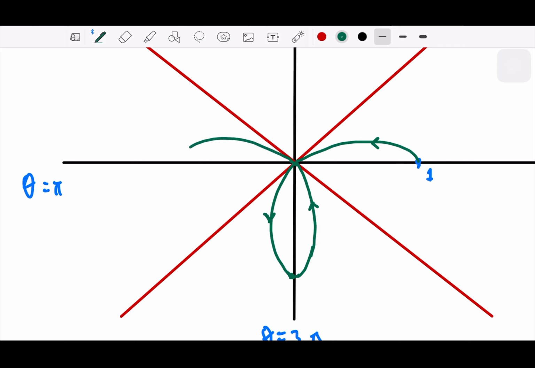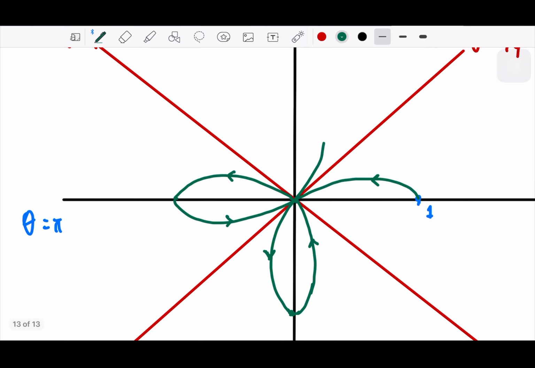And this is going through here. And this will be going through here. Let's do both. And then going through here.